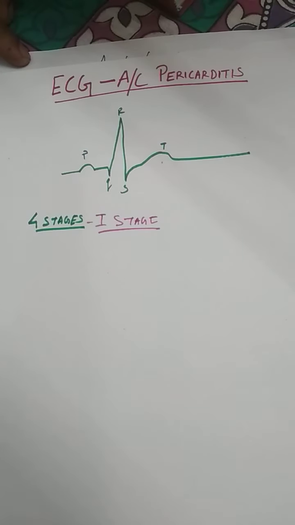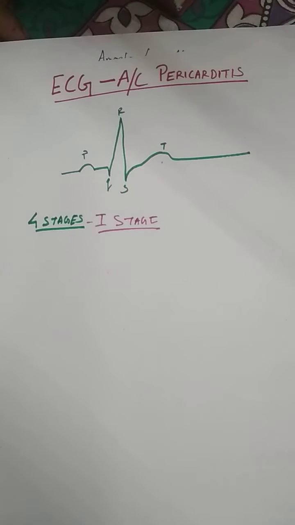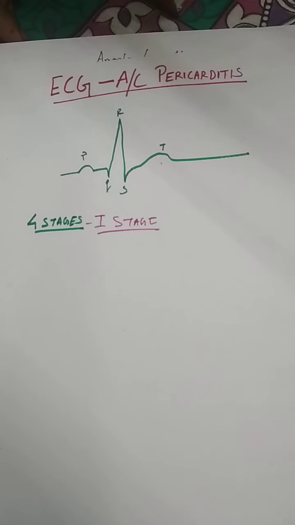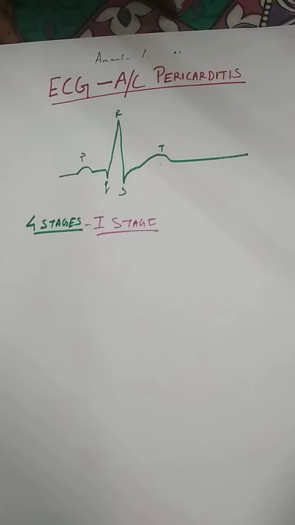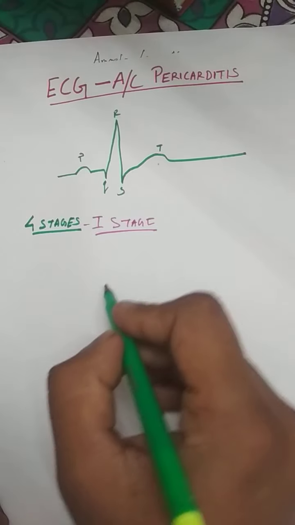The ECG changes in the person with acute pericarditis in the first stage: the change is widespread ST segment elevation with upward concavity. So the ECG would be something like this.